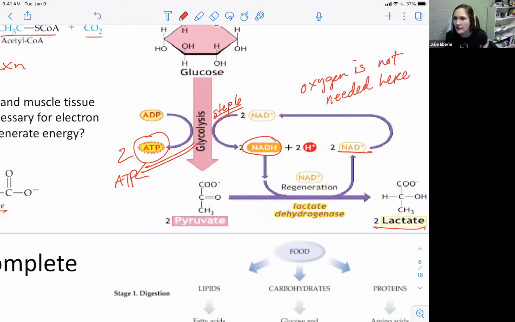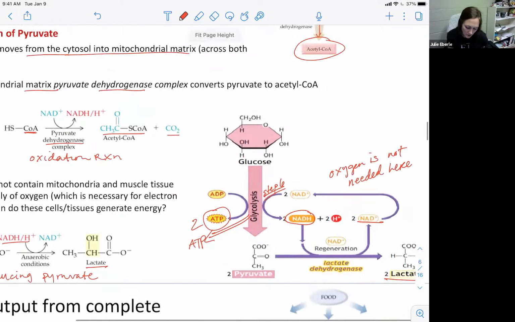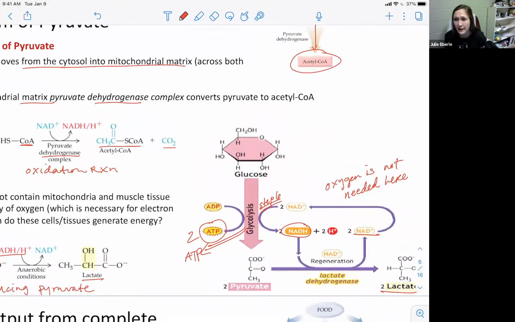So why are we calling this anaerobic? We don't need oxygen here. But where do we need oxygen? It's later on. Where do we need oxygen later on?